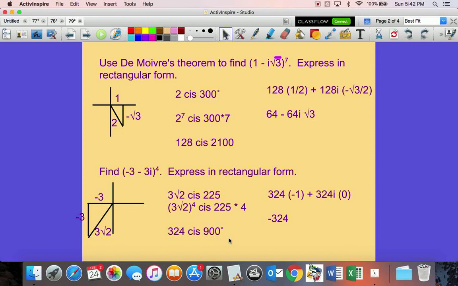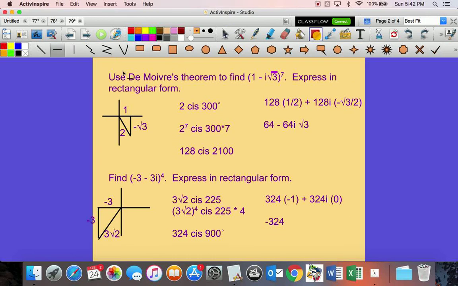Now from there, if we need to drop this down in between 0 and 360 degrees, we would subtract out 720 degrees. So 900 minus 720 would give us 180.